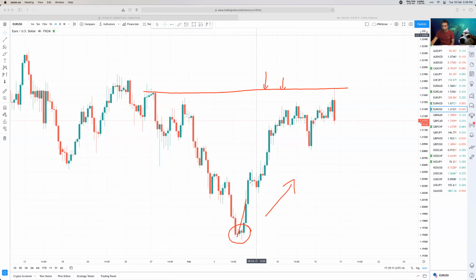Then they went up. They try to sell a little bit, and then they went up even more. It's like, whoa. What happened to all these sellers down here who sold below this area? All trapped? Now you're looking at a situation like this.